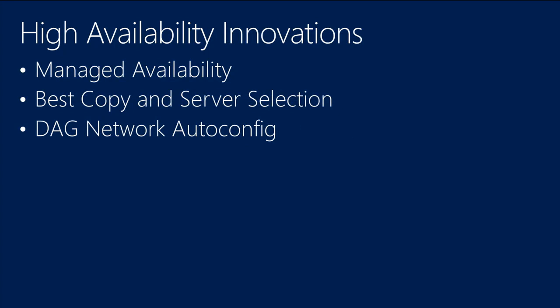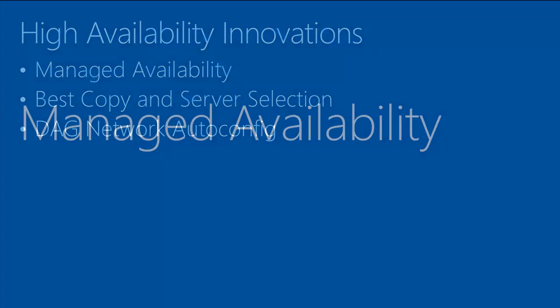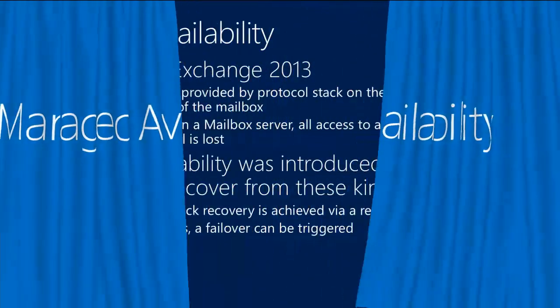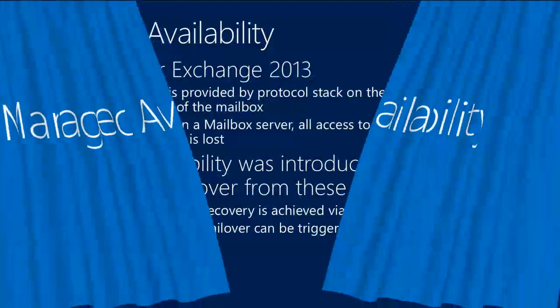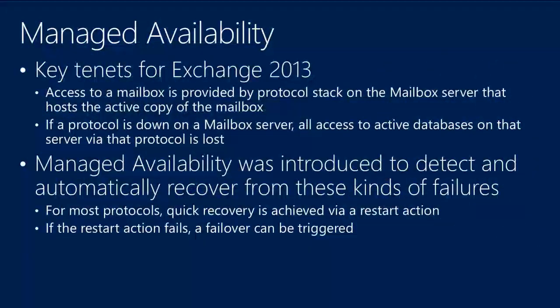In terms of the innovation, we've introduced managed availability, and I'm just going to explain it briefly because Ross did a fantastic job yesterday, and I would strongly recommend that everybody go see that recorded session. I'm going to talk about best copy and server selection, which is new in 2013, and we'll talk about DAG network autoconfig. So managed availability is basically a reflection of the recognition that all access to anybody's mailbox is now driven through the protocol stack on whatever mailbox server hosts the active copy of their database. Which means it doesn't necessarily matter how healthy the database is.